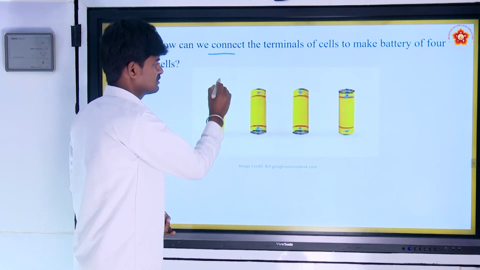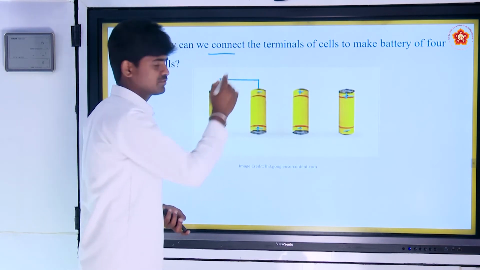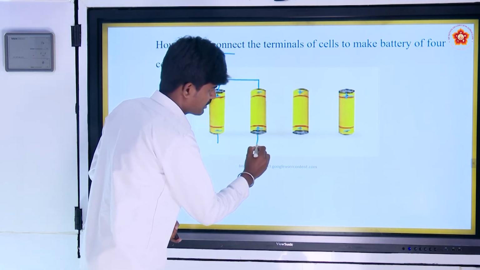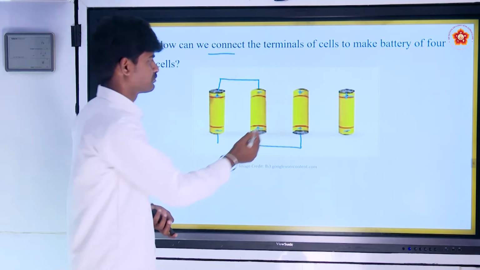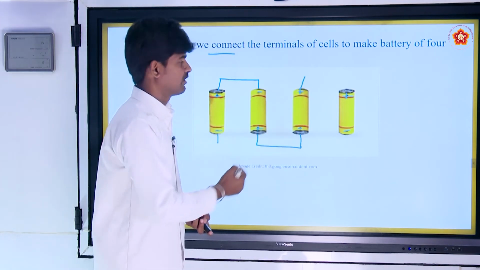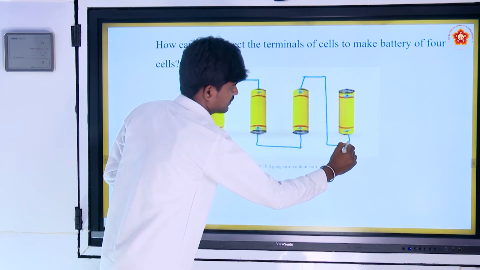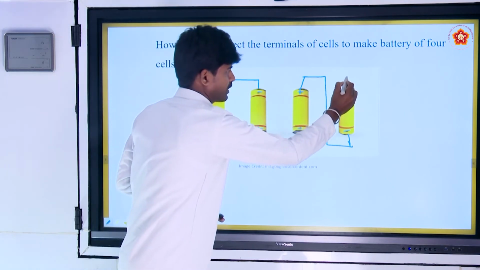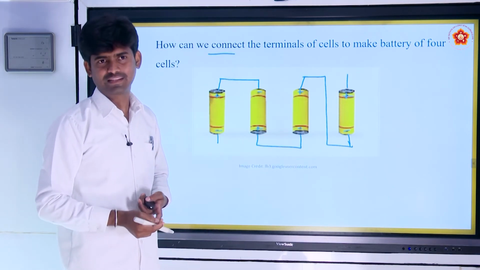Now, from positive, we connect to the negative terminal of the next cell. Next, from that positive we connect to the positive of the next cell, and so on until the other end. So, now it is a battery.